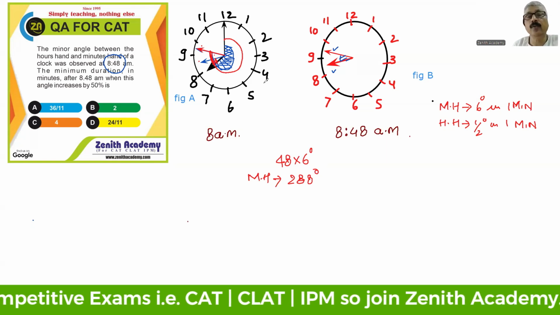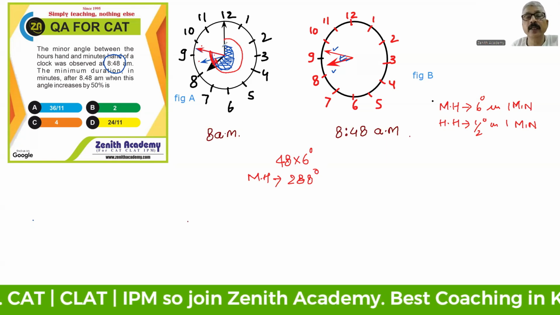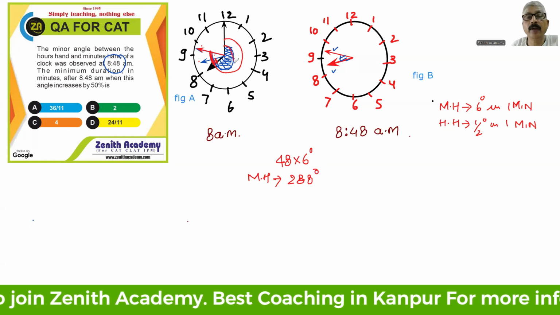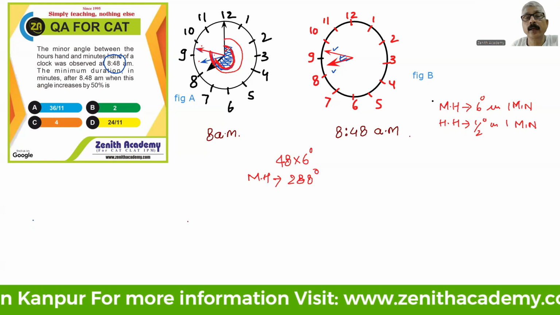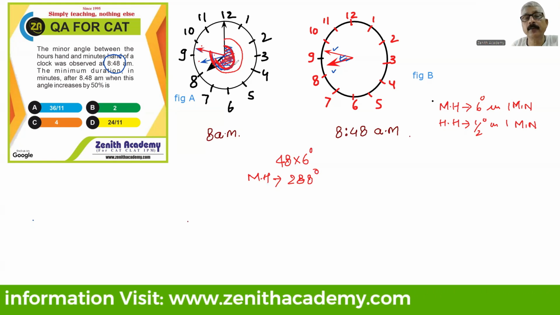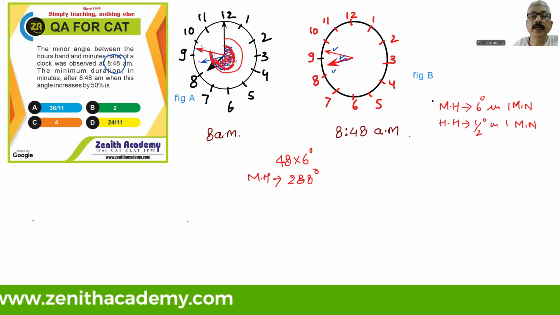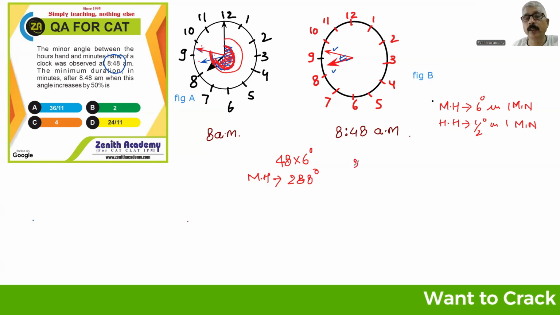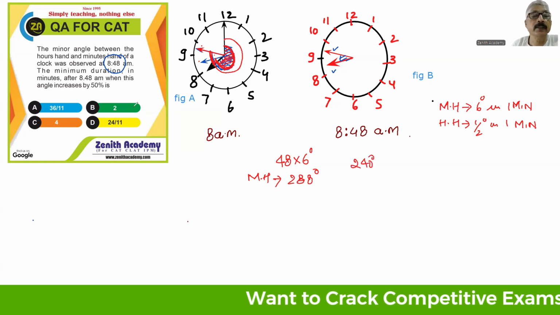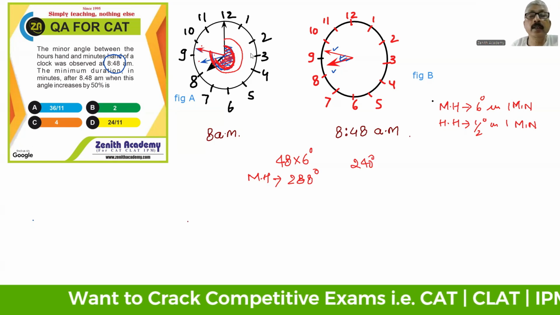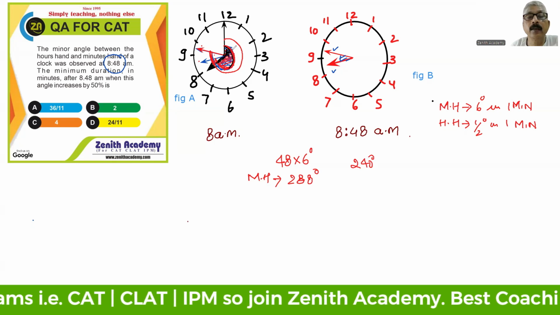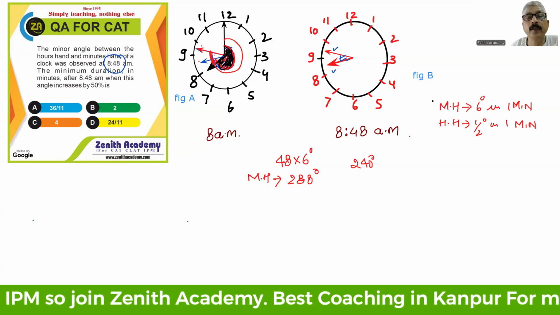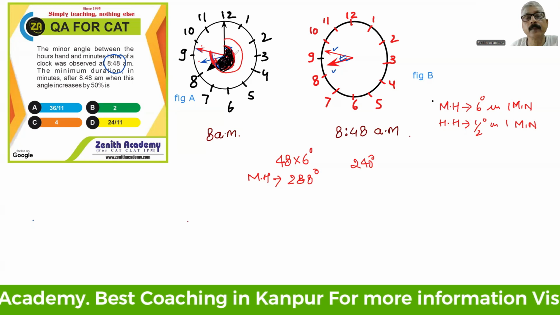And you know, already when the time was 8, the minute hand and hour hand both were 40 minutes space apart. So it means this angle is 40 into 6, 240 degrees. This angle is 240 degrees. How much will this angle be? 240 degrees. Correct.